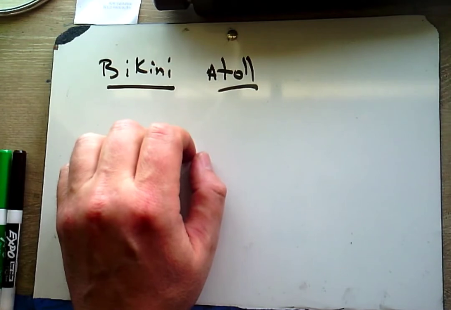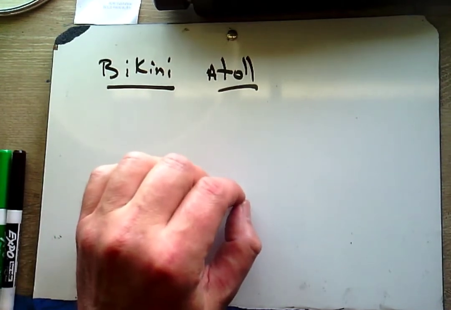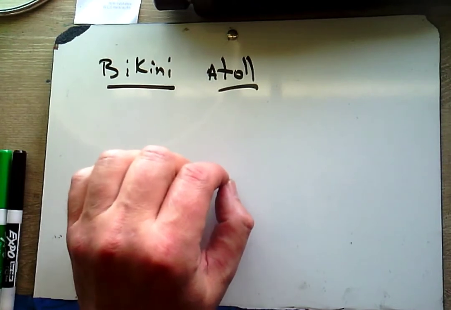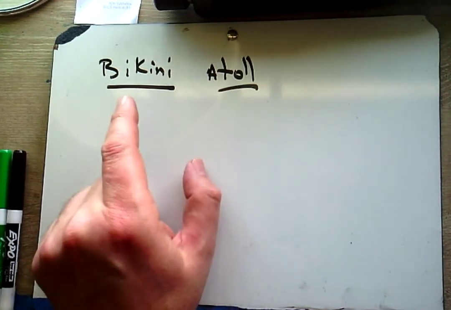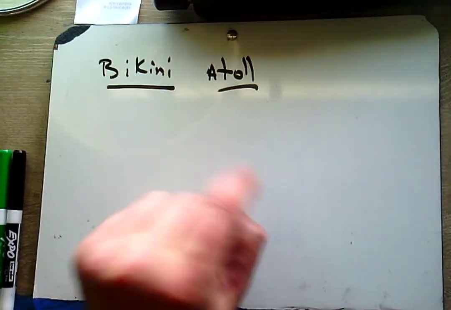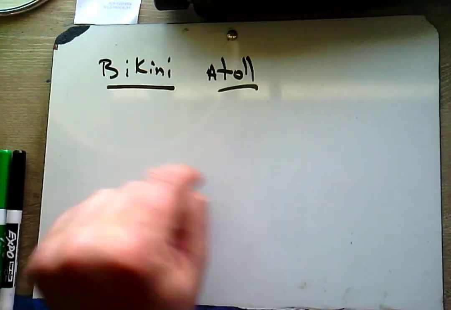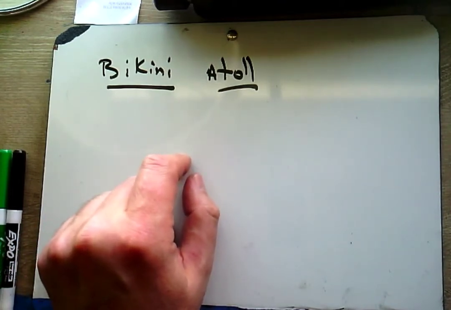And in 1946, a representative of the United States Navy went to the chief of the Bikinians and said, hey, would you mind if we borrowed your atoll for a little while? We'd like to conduct some tests.